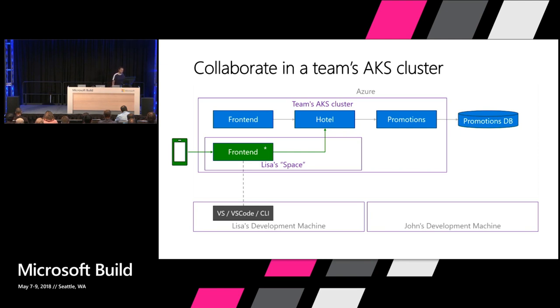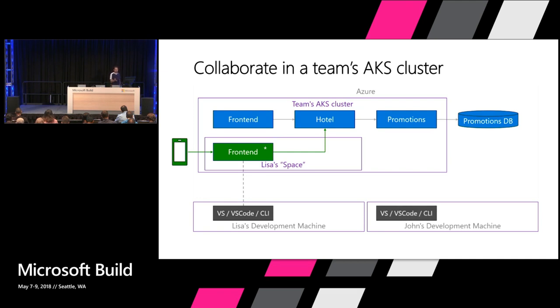If Lisa finds that maybe she needs to make a change to Hotel as well, she can run her own version of Hotel in her own space as well, or not. So she's choosing what to run, what it is that she owns and knows how to run in her own space, running in an isolated manner, so she's not affecting anyone else in the team, but she's also being able to run her code in the context of that broader app.